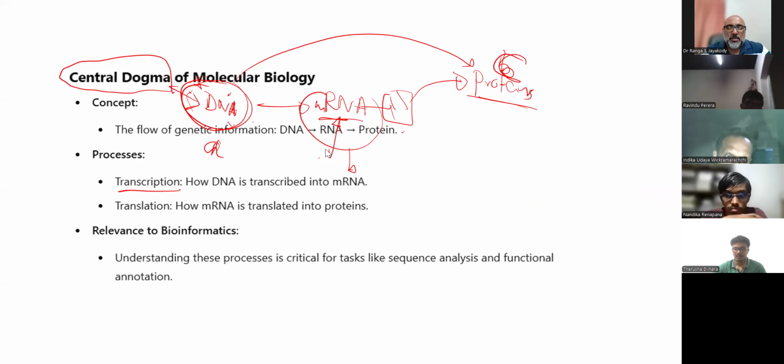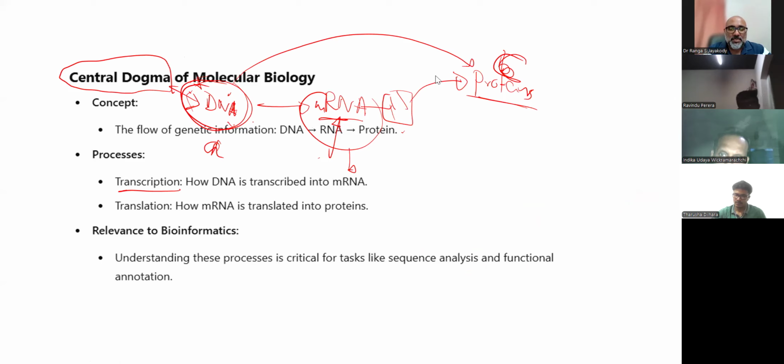Now in bioinformatics, what we are trying to do is, first we are trying to identify the DNA sequence, then we are trying to identify the genes, then we want to see if there are problems in a given sequence, then we want to do sequence matching, then we want to do sequence alignment for various reasons. To do that, we need bioinformatics tools, computational tools.